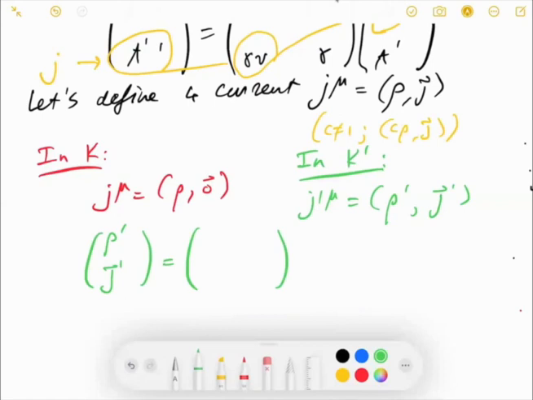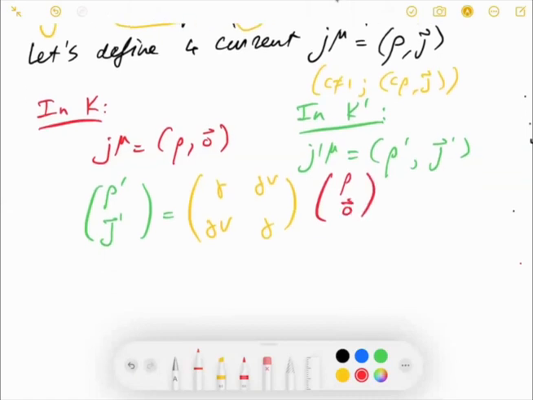Okay, the Lorentz transform, of course, is going to be, okay, that's your gamma, gamma v, gamma v, gamma, and this is your original rho, 0. Okay, so that works. That is going to work properly as a 4-vector.